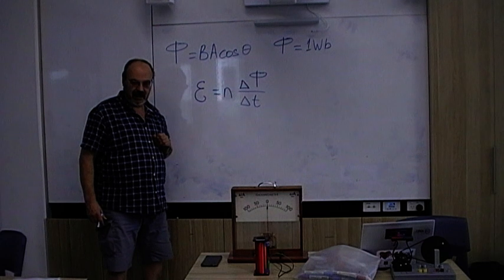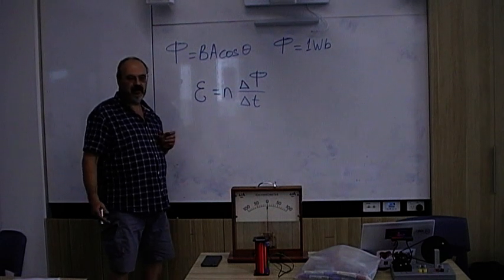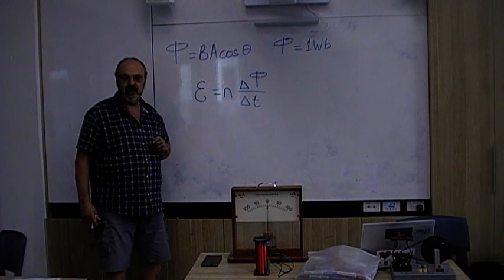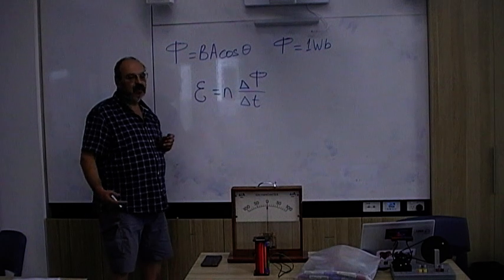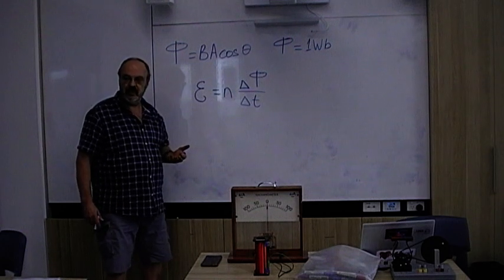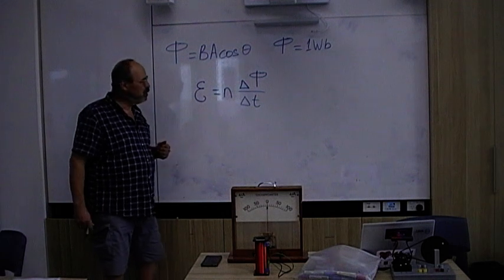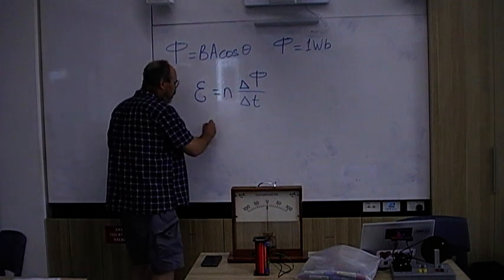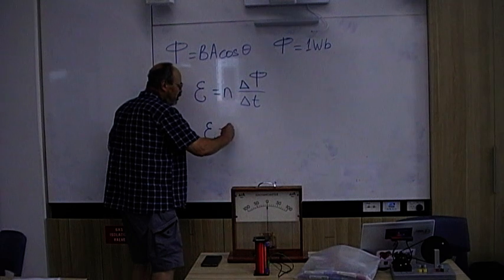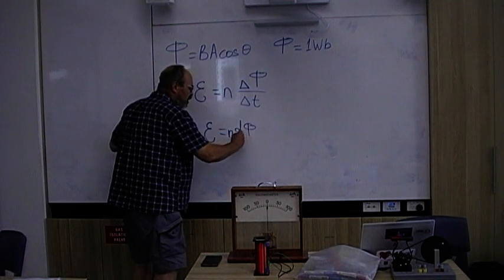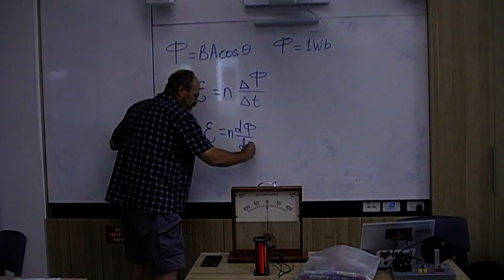More correctly, and the majority of people in this class already know what differentiation is, and if you know that, it will be very helpful to solve some problems. If not, you still will be able to, but it will be a little bit more difficult. The formula will be E equals N times the derivative of the flux over time.